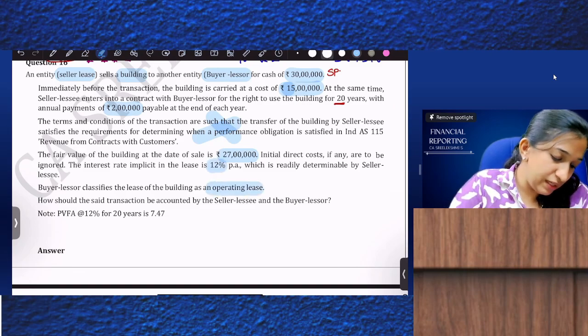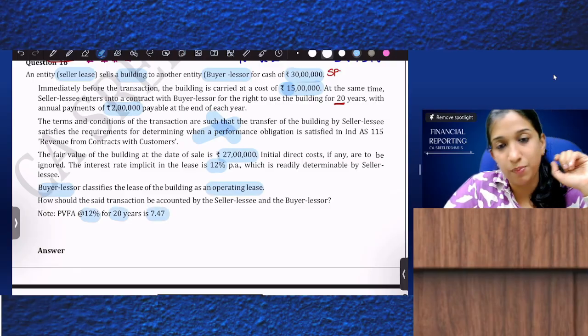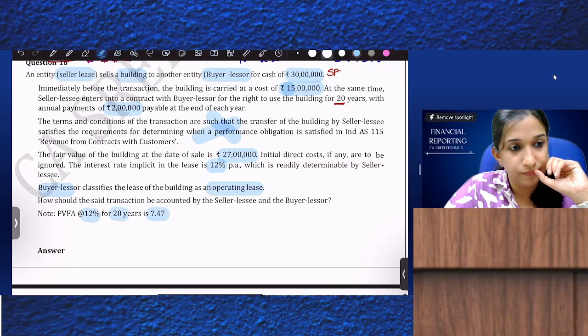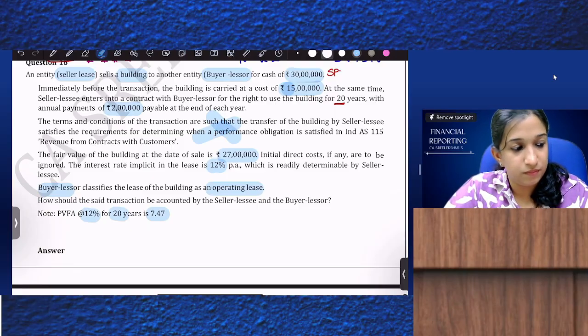This is an operating lease for the buyer lessor. How will this be accounted if the present value annuity factor at 12% for 20 years is 7.47? How is this to be accounted?